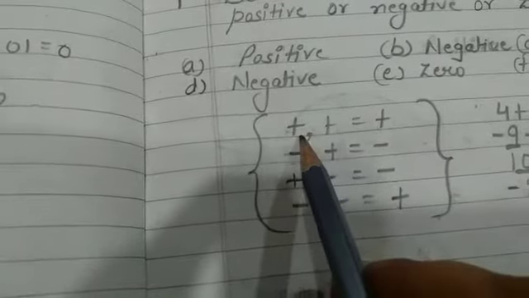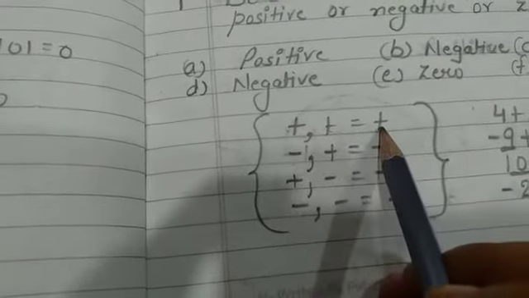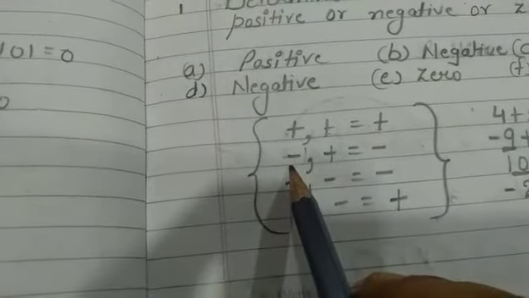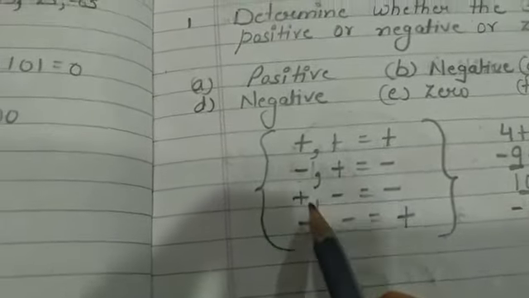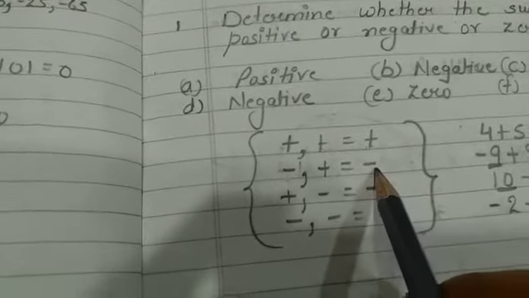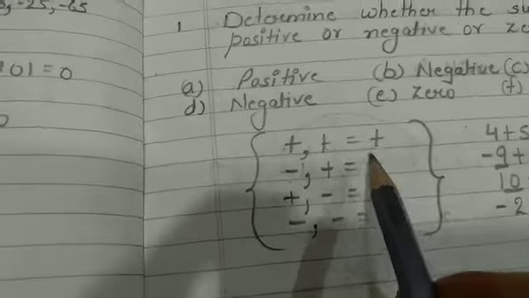Students, you can see that whenever we have the same sign, we have plus over there, and when we have two different signs, suppose minus plus or plus minus, in that case we are using the negative sign.